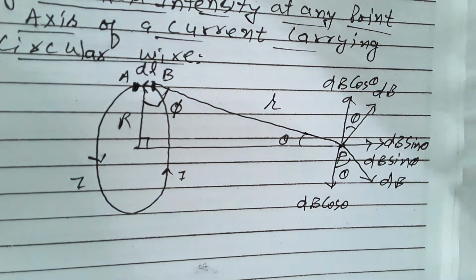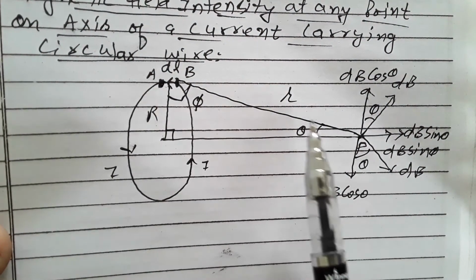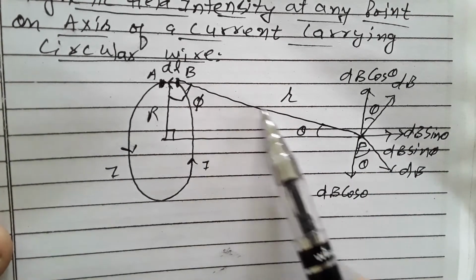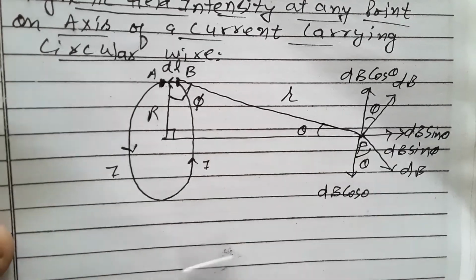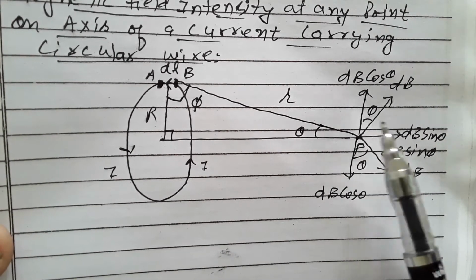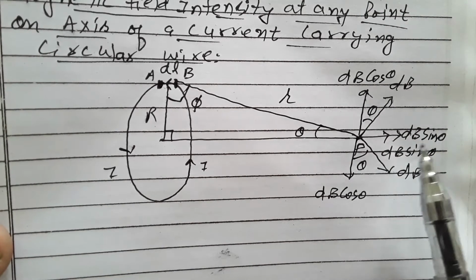Curl your fingers and the field will be upward, perpendicular to the plane of the coil. This distance is r. So dB will be perpendicular to this line. If this is angle theta, then this is also angle theta. Now we can resolve dB into two parts: dB cos theta and dB sin theta.